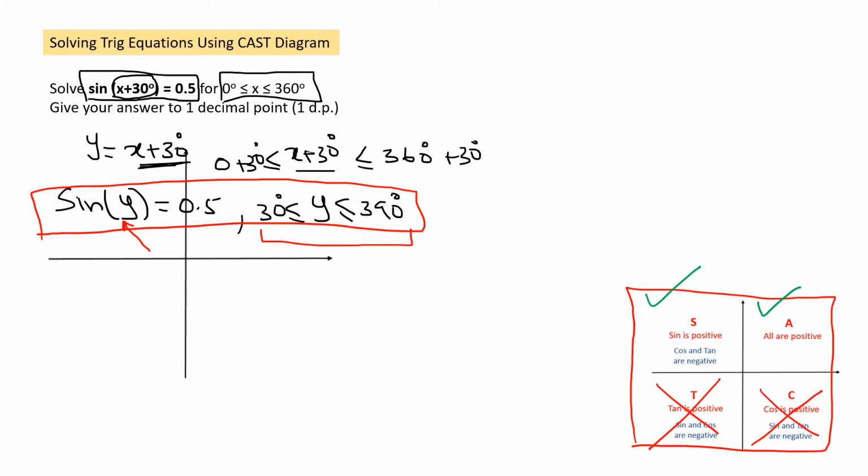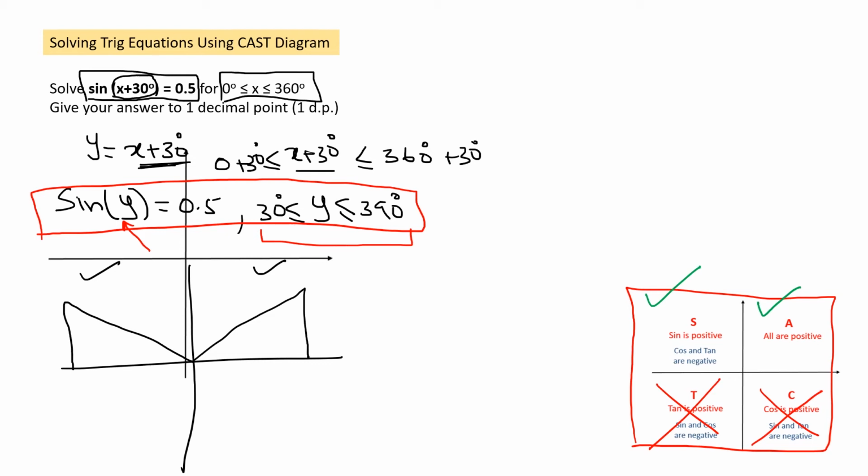Now let's draw the CAST diagram, and we know our answer is going to be here as well as here. So let me draw a triangle. This is the first solution, y1, and the second solution would be this one, y2.